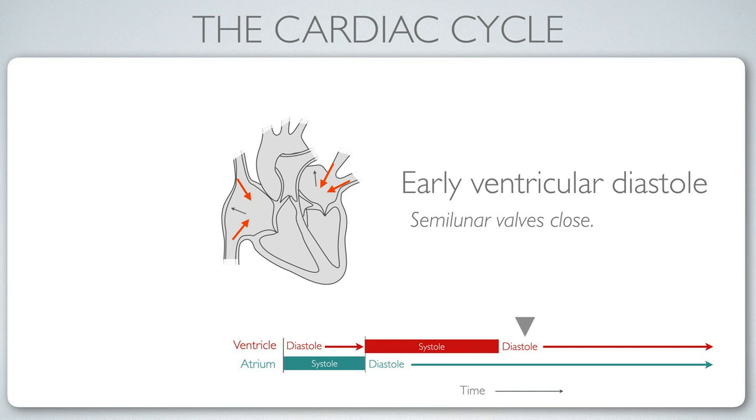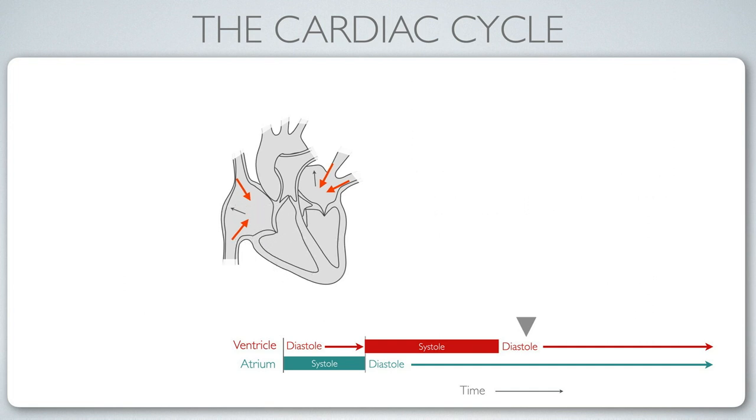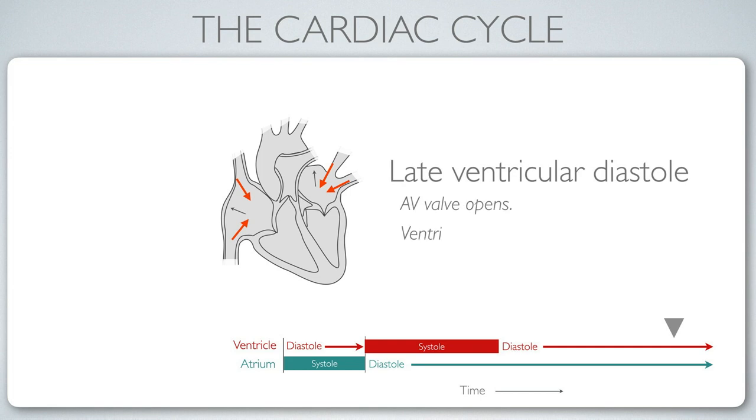So as we have the walls of the ventricles expanding in this way and creating a low pressure, there is now the opportunity for the AV valves to open up and allow blood to flow from the atria into the ventricles. Okay, so when we look at late ventricular diastole, the AV valves have opened and the ventricles are filling.